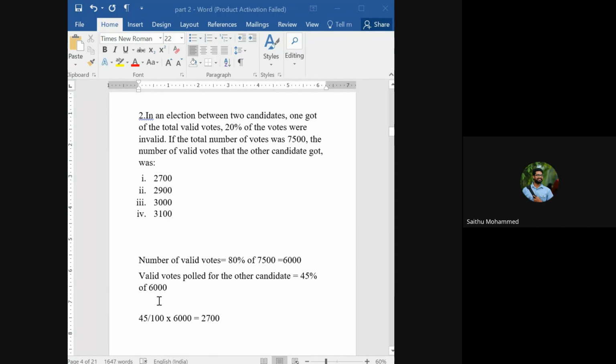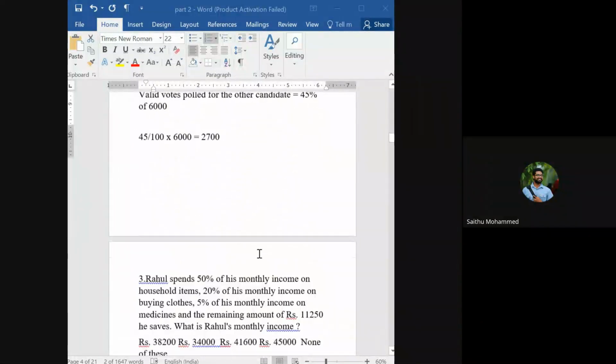So that means the other candidate has got 2,700 votes out of 6,000. So this is the answer, 2,700. Did anyone get the answer? Okay, a few of you have got the answer, 2,700. Very good. Now let's move on to the next one.